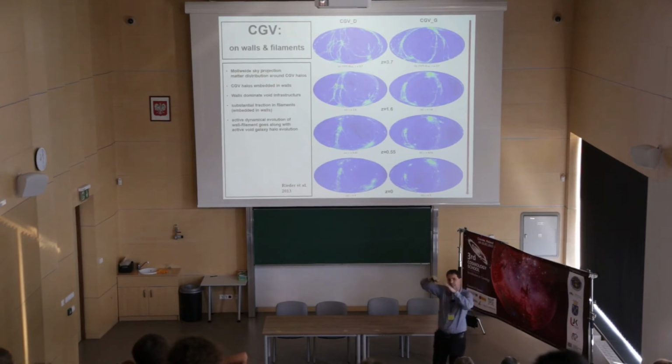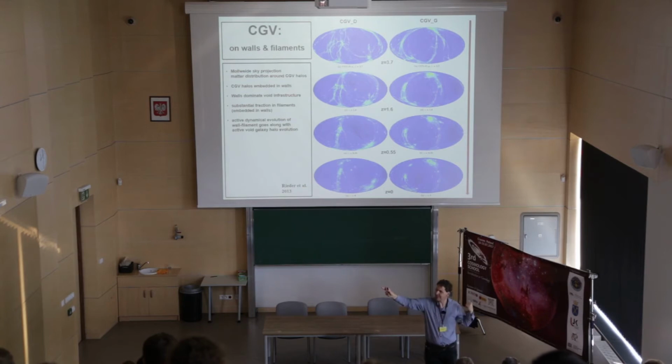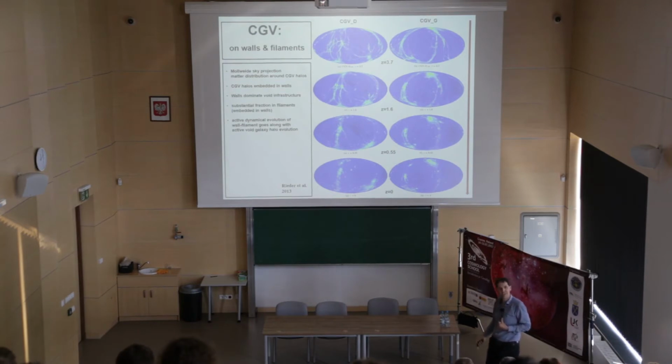If you were embedded in a plane, then you would see a circle on the sky, right? When you would be sitting in a filament, you would see something there and there, so you would see two spots, right? So actually what you see here is a lot of small walls, and gradually, as time proceeds, you see that these walls start to merge, and here you are left with only two walls, and in the end these two walls merge into one large wall.